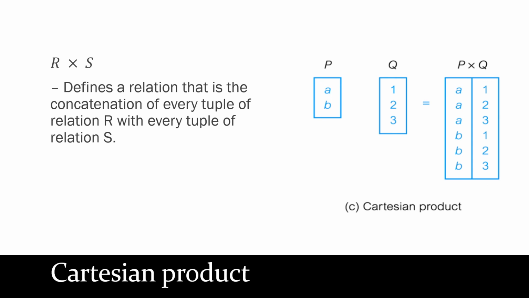The Cartesian product R Cartesian product with S, or R cross S, defines a relation that is the concatenation of every tuple of relation R with every tuple of relation S. So, for example, we have a set P and a set Q. And then the Cartesian product of P cross Q is A1, A2, A3, B1, B2, and B3.